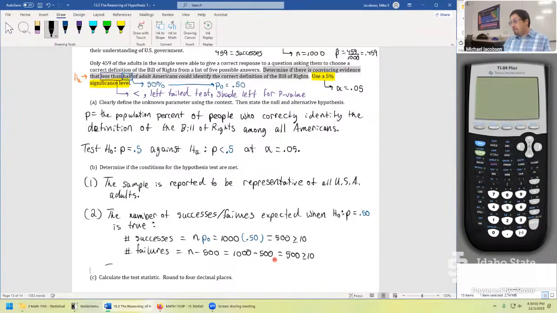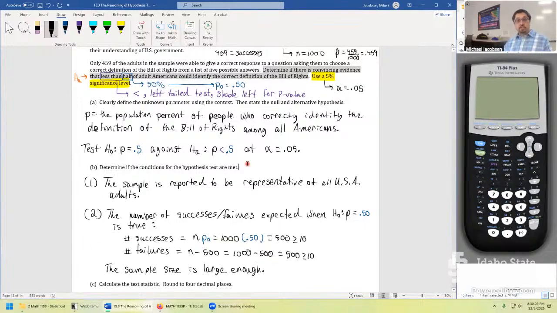So we can now say the sample size is large enough. So we have a pass on that condition as well. Now we're ready to just run through the test. We need a test statistic, a p-value, and a good conclusion. Any questions at all, folks, with the condition checking?